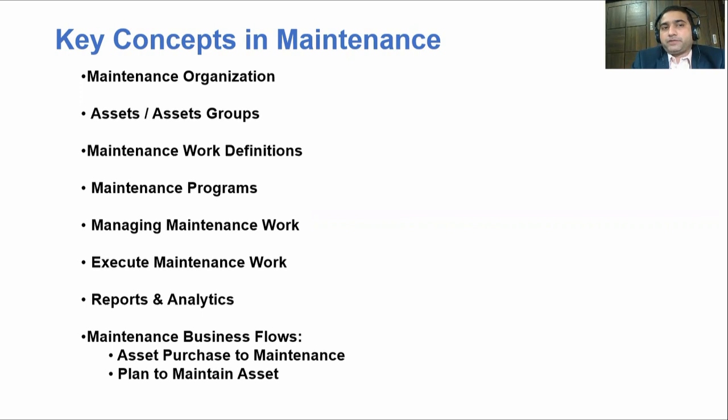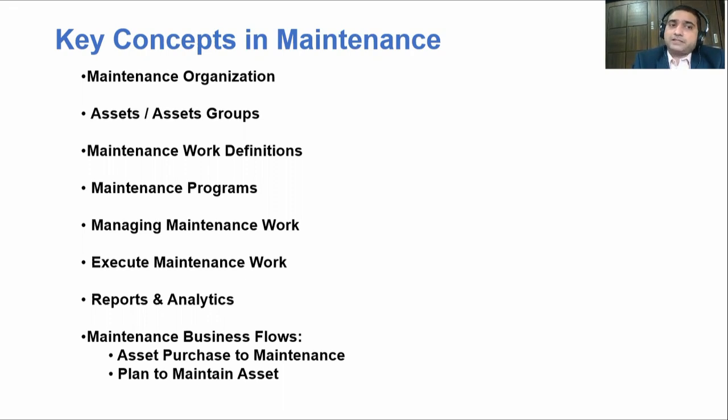Then there are assets or asset groups, which are nothing but the equipment or machinery that you are maintaining in any organization. Then the maintenance work definition. What are the different activities carried out by the maintenance department, like overhauling, oiling, or any of these activities, and that is covered in the maintenance work definitions.